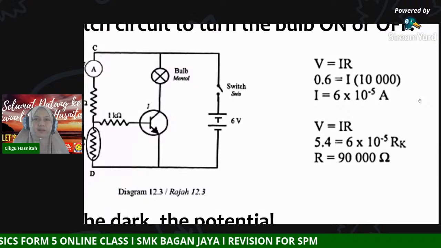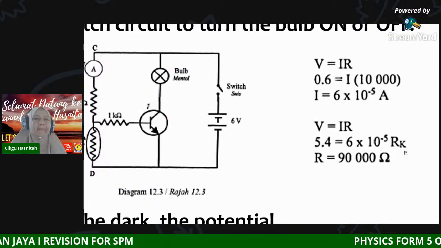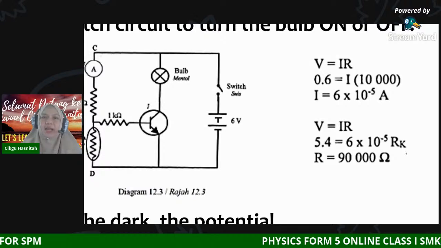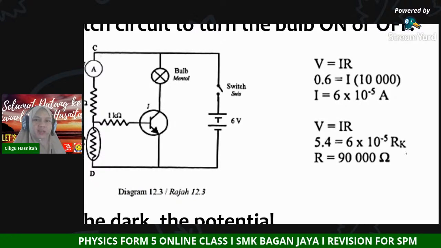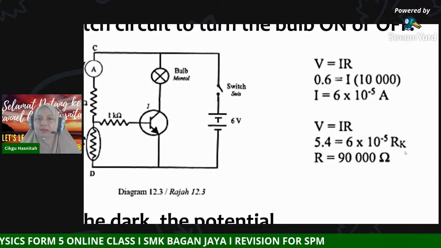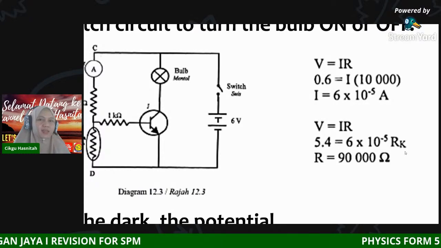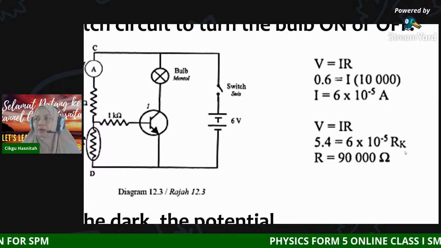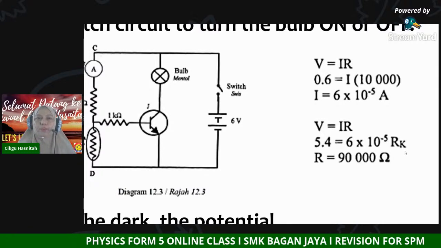You can calculate the resistance RK, the resistance for K. So the resistance is 9,000 ohm. Is it correct? Can you check the answer? The value for R is 90,000 ohm, or 9 times 10 to the power of 4 ohm.